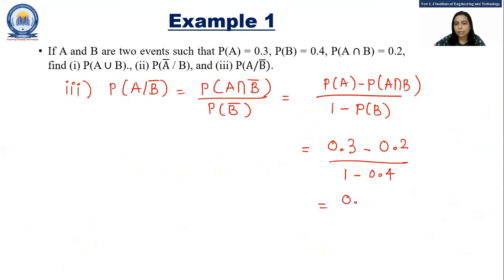So the answer is 0.1 upon 0.6, which is equivalent to 1 by 6. So that is the conditional probability of A given that B bar has already occurred.